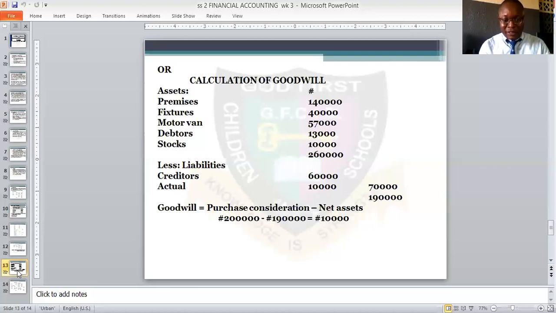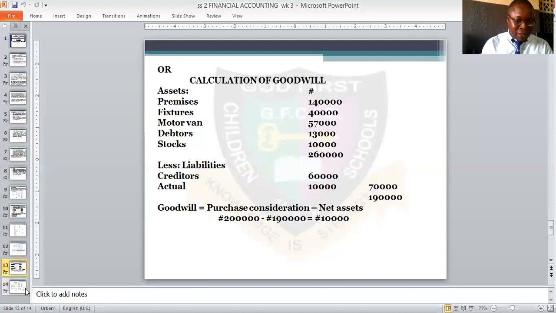The creditors amount is 60,000 there. The acquire amount is 10,000. That will be 70,000 there. Then subtract it from 260,000. That will give us 190,000. Then we minus it from the purchase price, which is 200,000. At the end of the day, you are going to arrive at the 10,000 there. So whichever method you use, you are still going to arrive at the same answer.